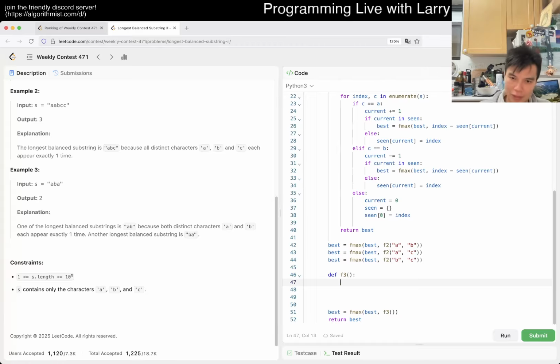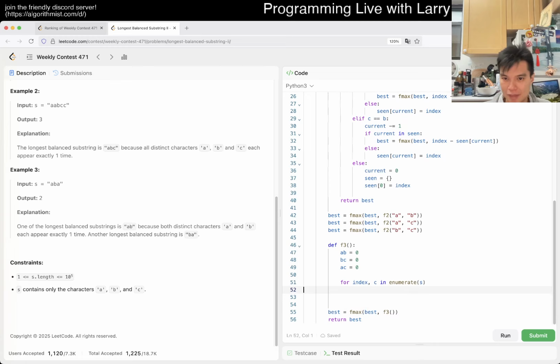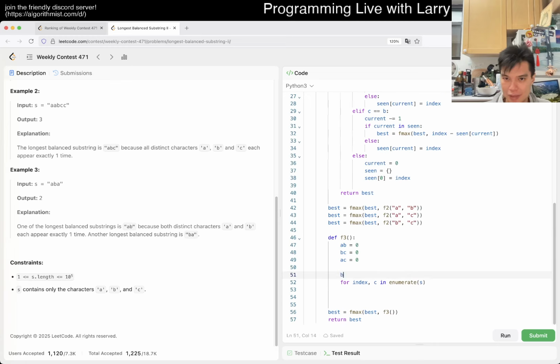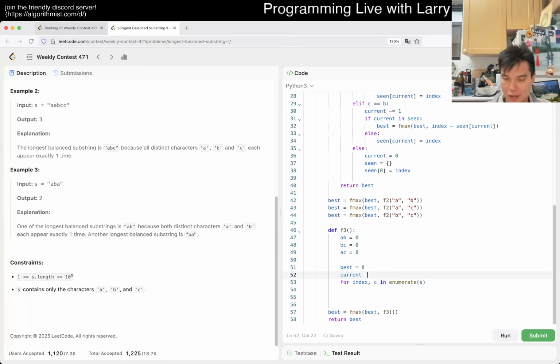Maybe it is the same idea. So we have 3 pairs. We have to do, right. Maybe, I don't know. It's maybe the same idea. Well, these are the current and seen of, right.